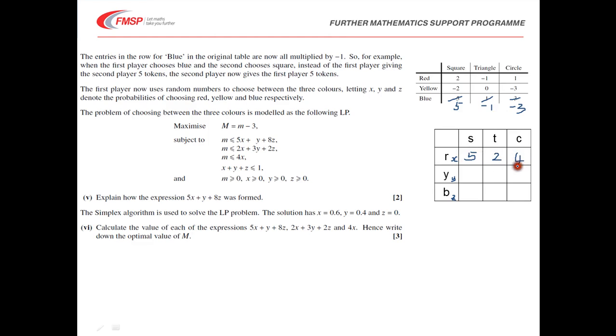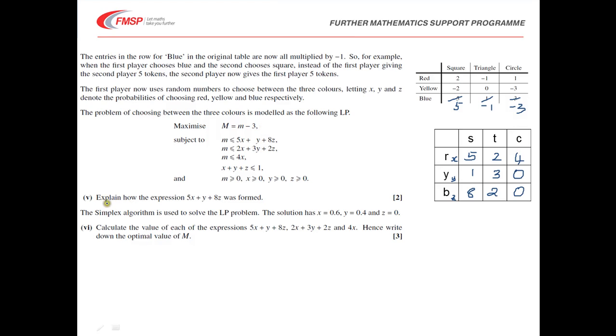So that becomes 5, 2, 4, that will become 1, 3, 0, and that will become 8, 2, 0. And notice then we're going to be maximising capital M equals m minus 3. So we do have to remember to take the 3 away again at the end. But the simplex needs positive entries in our table.